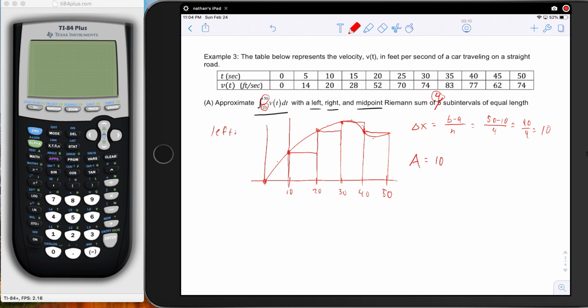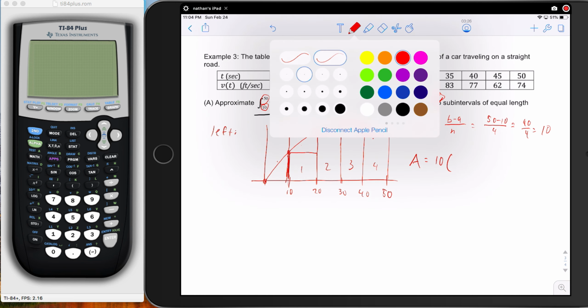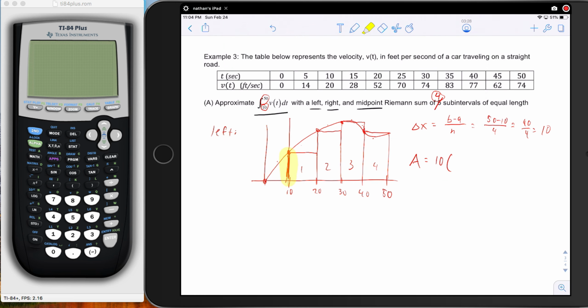That's my width. And we can multiply it by the heights of these 4 rectangles. The height of the first rectangle is going to be this height right here. So maybe I'll highlight that height, that height, that height, and that height.